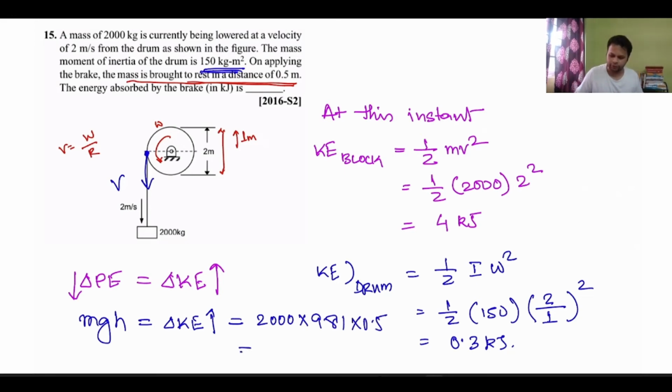So 2000 times 9.81 times 0.5 comes out to be 9810 joule, which divided by 1000 becomes 9.81 kilojoule.